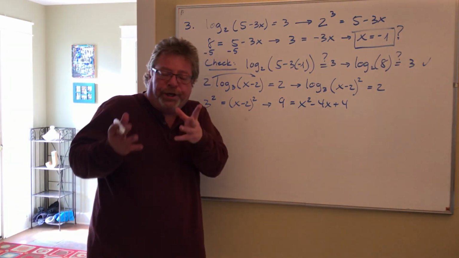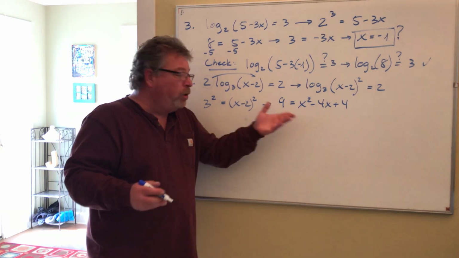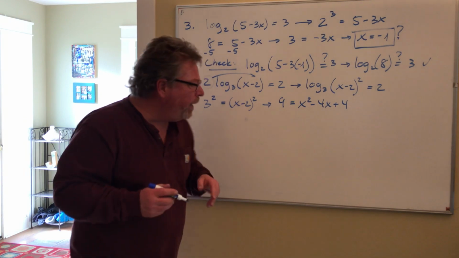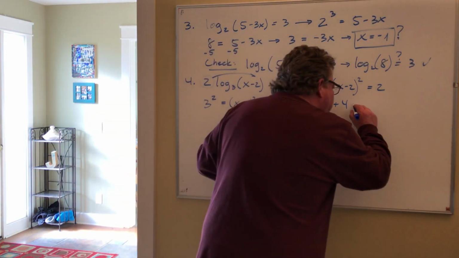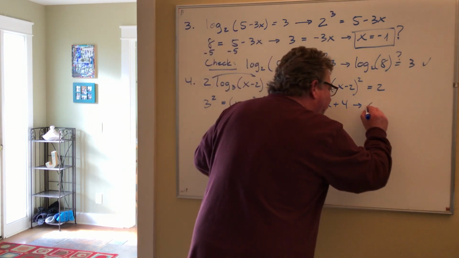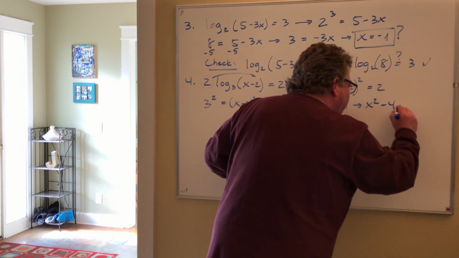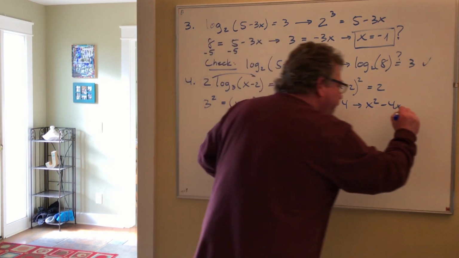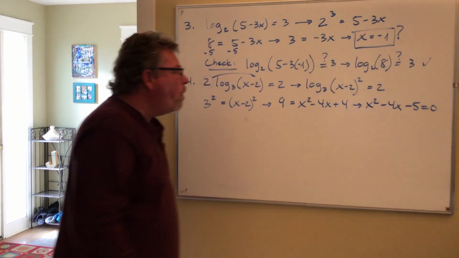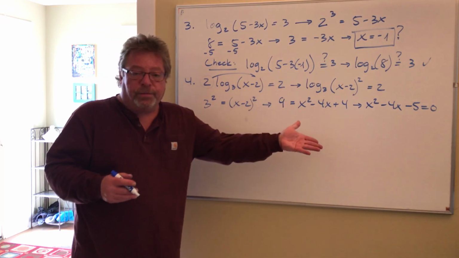So I'm being presented with a degree 2 polynomial equation. I'm going to set this equal to 0 and see what I can do from there. If I subtract 9 from both sides, I will get x squared minus 4x minus 5 is equal to 0. So there's a quadratic equation. This one's going to factor.